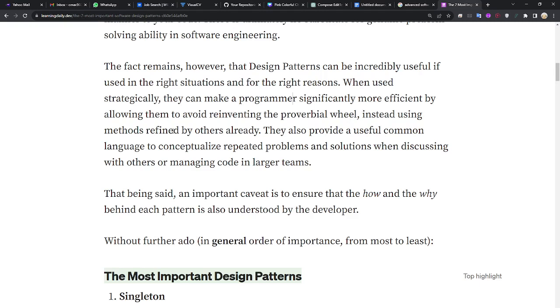Instead, using methods refined by others already, they also provide a useful common language to conceptualize repeated problems and solutions when discussing with others or managing code in larger teams.